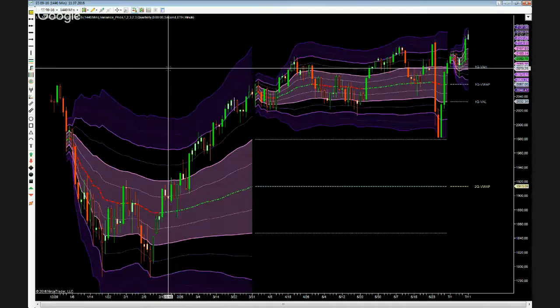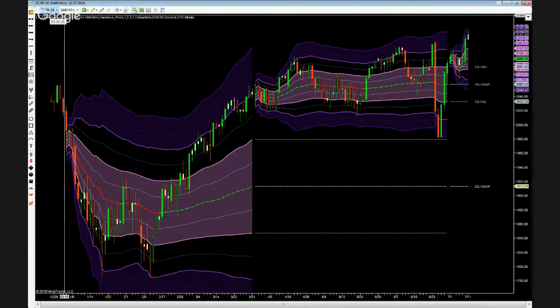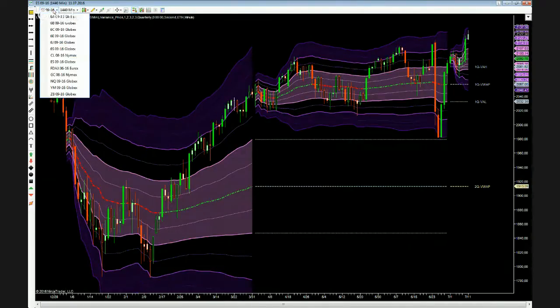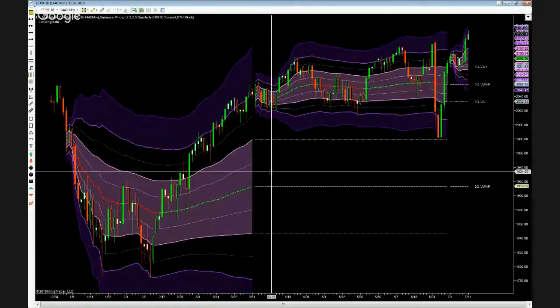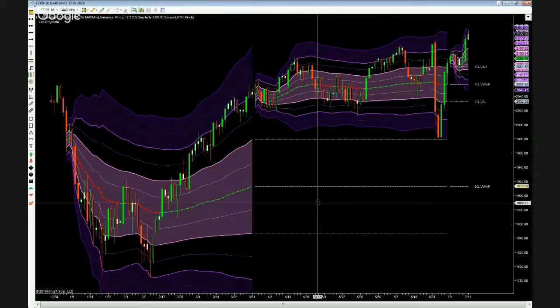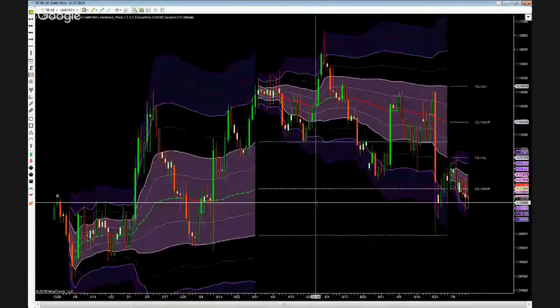And apart from that, what we have up here is the ES. And if we're looking at something like the euro, for example, volume data is a lot of times unreliable or unavailable because there is no centralized exchange in charge of keeping track of the data.